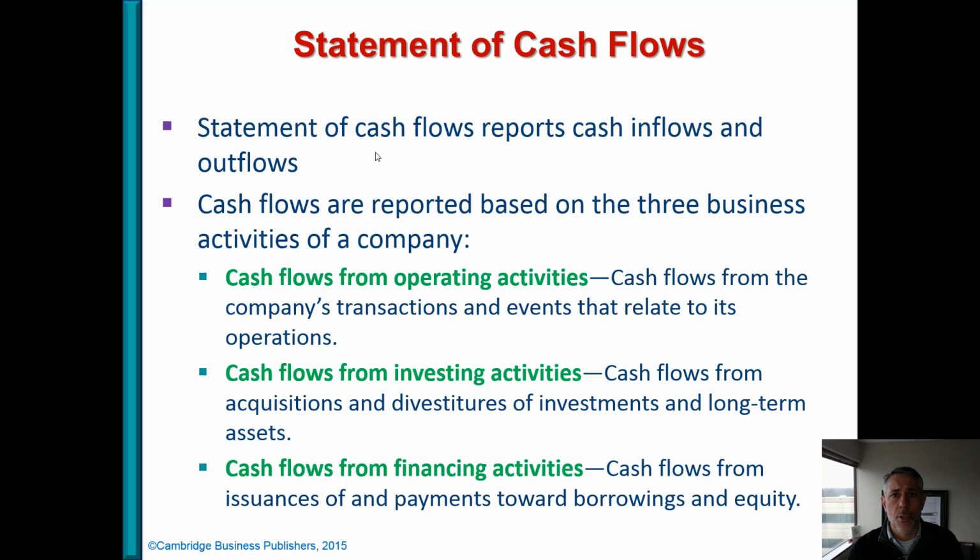Cash is not subject to any accruals. Cash is not subject to any estimates. Cash is not subject to manipulation by and large. We know how much cash is in the bank, and at the end of the day, we're going to get a statement from our bank, and that's very easy to audit. It's very tangible.